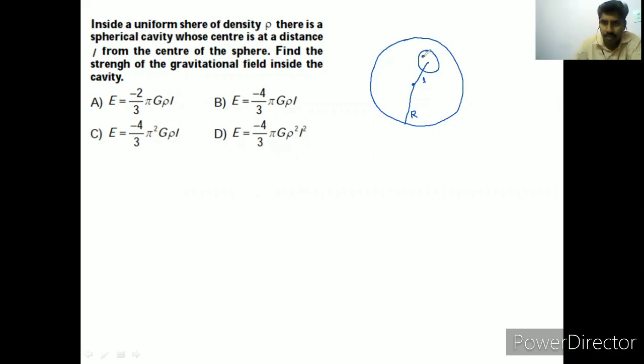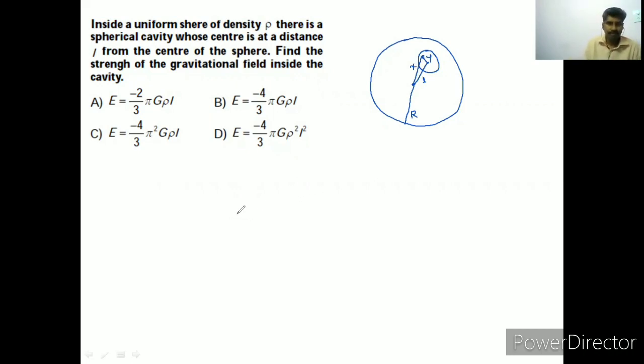Here the distance from the cavity center to the point I will take as y, and the distance from the point to the center of the sphere is x.